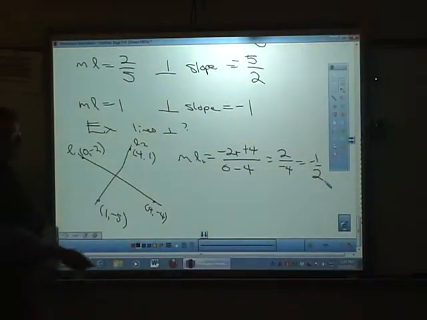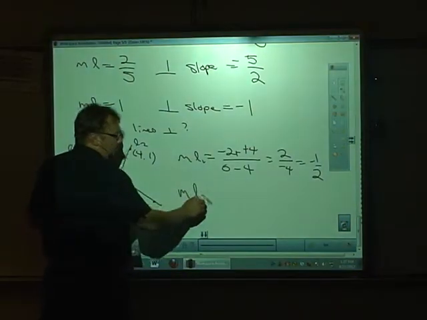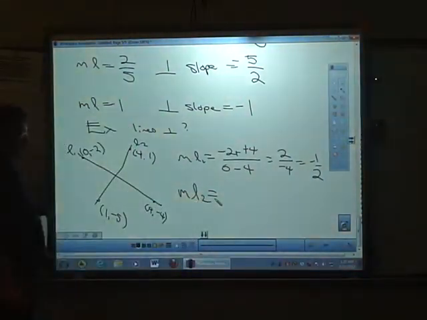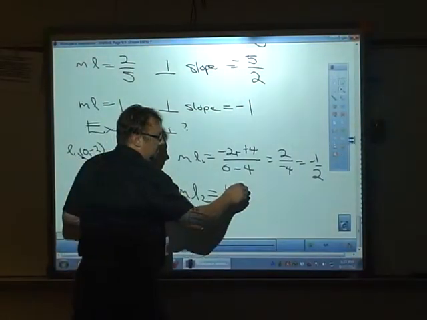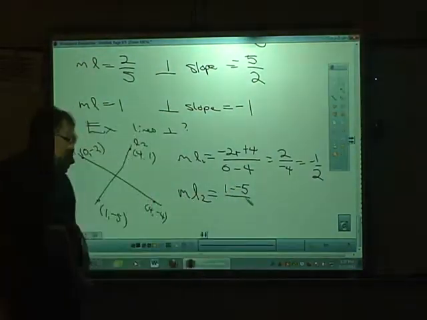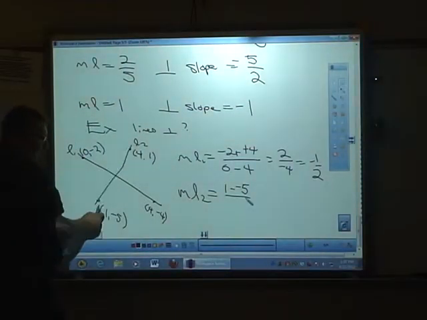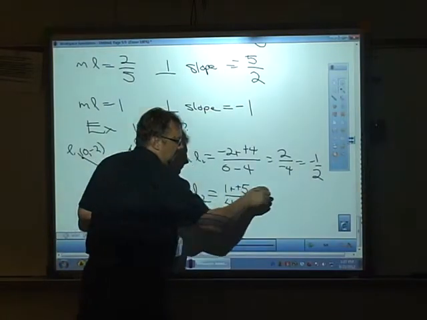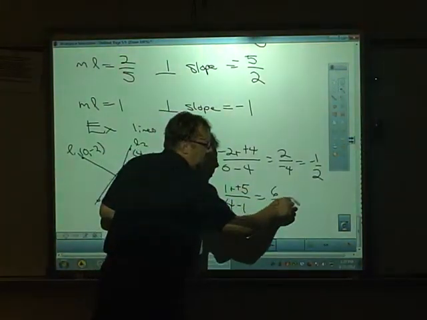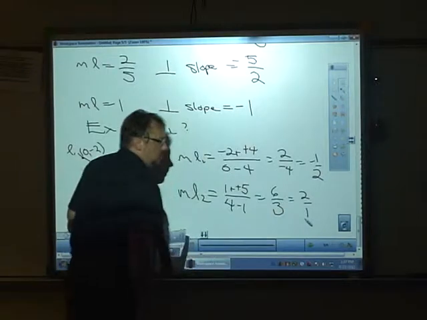The slope of line 2 is going to be equal to 1 minus -5 over 4 minus 1, which will give us 6 over 3, which will be 2 over 1.